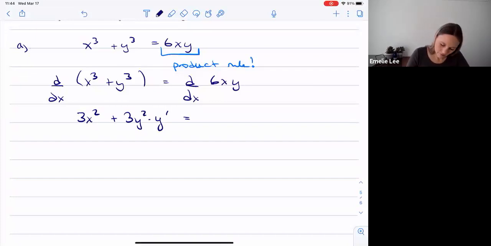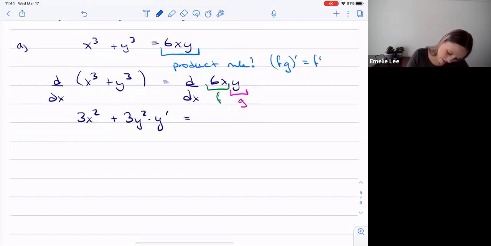I'm going to make a note here that for my product rule, f is 6x and g is just my y. Just remember the product rule: the derivative of f times g is f prime g plus f g prime. Kind of a reminder from last week.